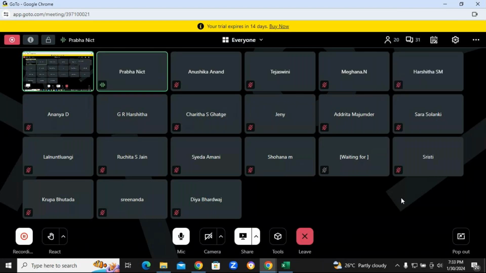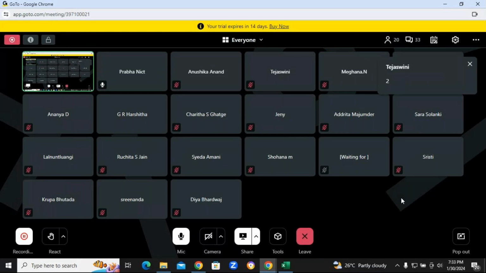Very good, Sarah and Jenny. Type in 2 if anybody wants me to solve it and show whether you are having still any confusions. Okay, Tejaswini and anyone else?